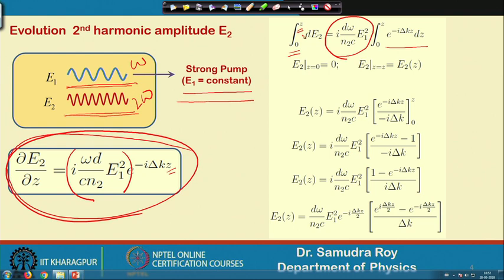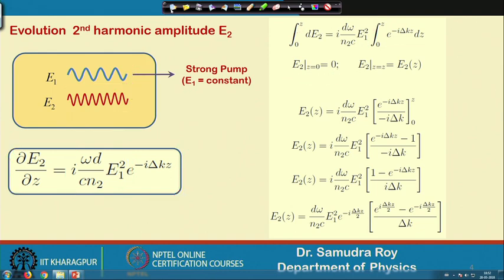When we integrate this differential equation, we also need to consider the boundary condition, and the boundary condition is that there is no E2 at the beginning. That is a quite justified approximation, because if I launch a strong pump E1 here, E2 will be 0 here.